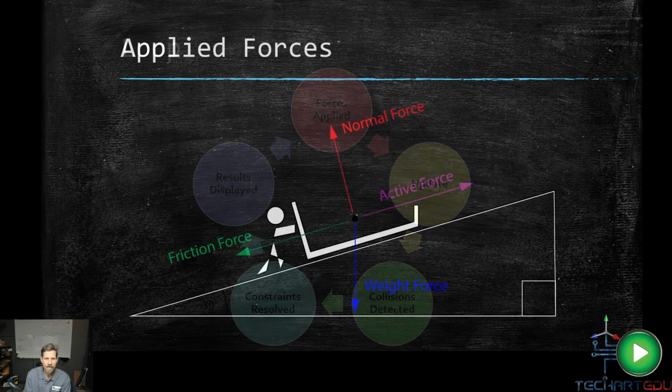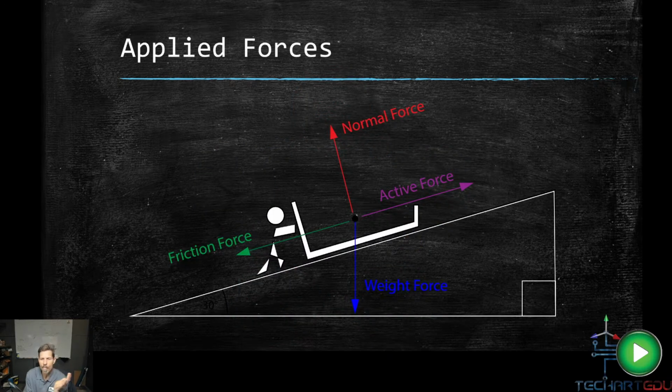So that's very cool. So where are these forces, though, that we have to deal with? Well, there are a whole lot of forces that we have to deal with. But for the most part, we're talking about applied forces. And the applied forces that we're usually dealing with, there's four forces here.